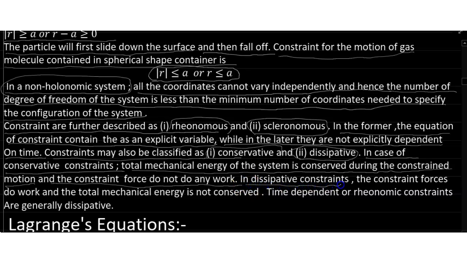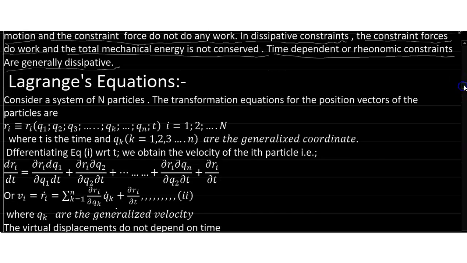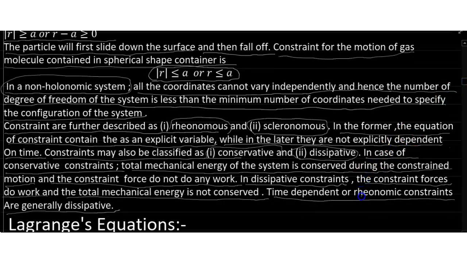In dissipative constraints, the constraint forces do work and the total mechanical energy is not conserved. Time-dependent or rheonomic constraints are generally dissipative. So rheonomic is time-dependent, and time-independent is scleronomous.